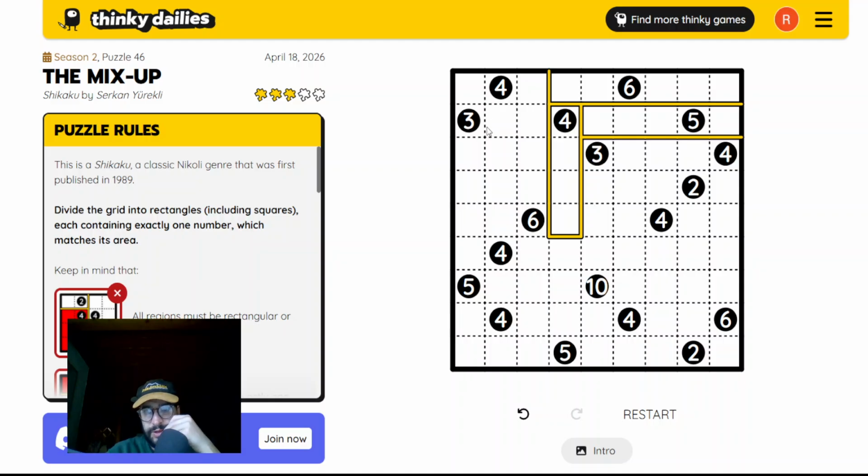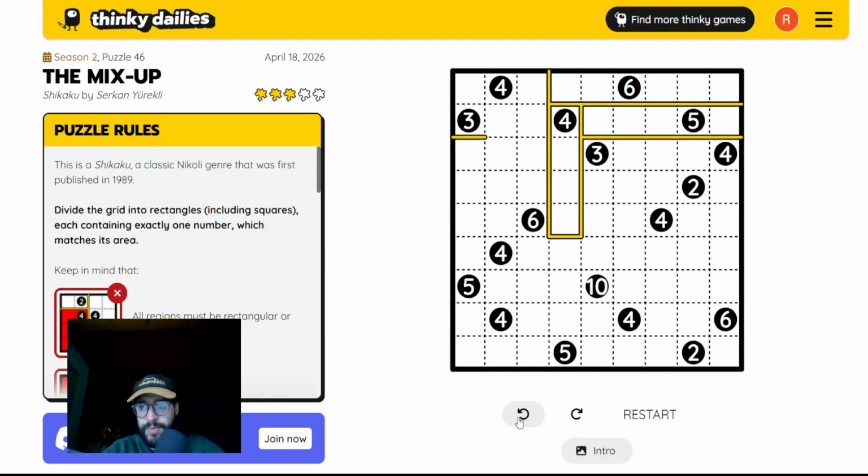Okay, so this can do a 2 by 2 or a 4 by 1. What about this 6? This 6 can do a 6 by 1 or a 2 by 3. Okay, it's not that straightforward. Also, we do know that this guy cannot do a 3 by 1 like this, because then the 4 cannot work. How do I go back?